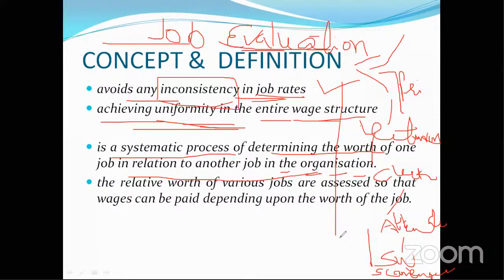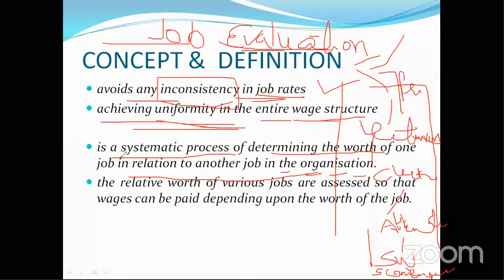So with the help of job evaluation, you will come to know which person has to be paid how much based on the job stature. So it is a systematic process of determining the worth of one job in relation to another job in the organization. Kindly note, I am repeating.